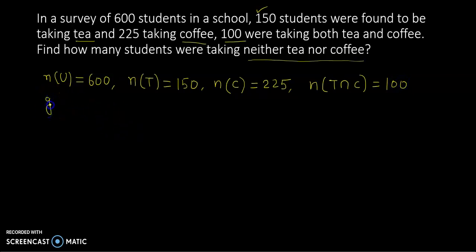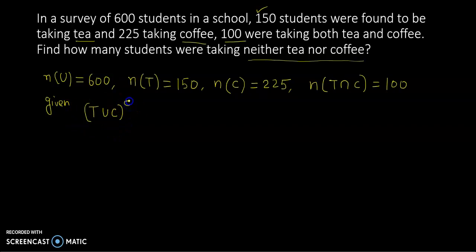I have this information given in the question, and what exactly do I have to find? The students who are neither taking tea nor taking coffee. So fundamentally, T union C represents the students taking either tea or coffee, and I want to find its complement.